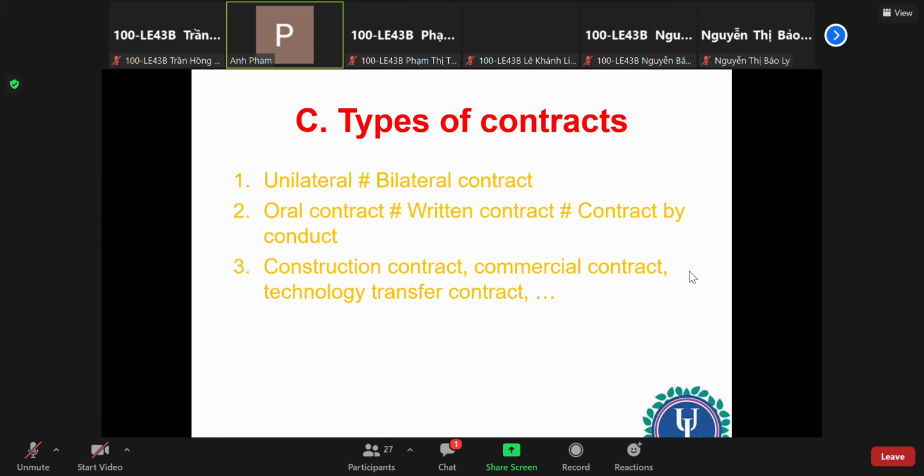You may question why the contract has only one party. I think I have already explained to you before about the parties to the contract. In most contracts, they are entered into by two parties or more.